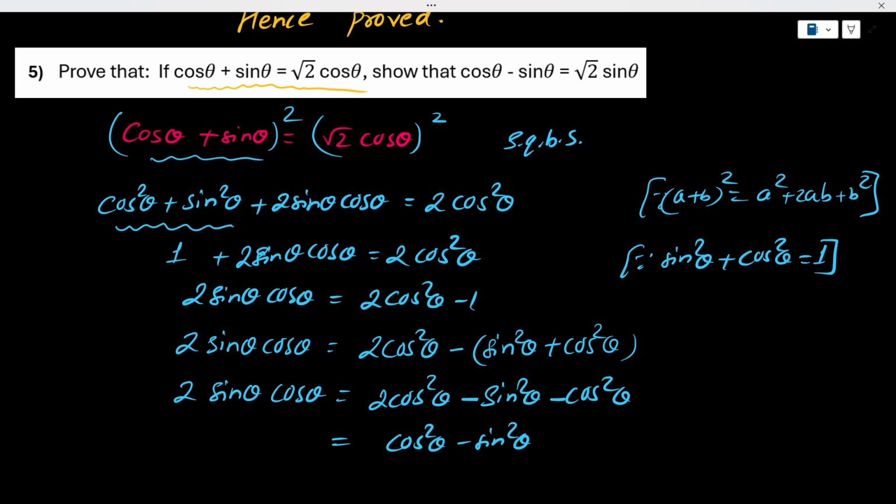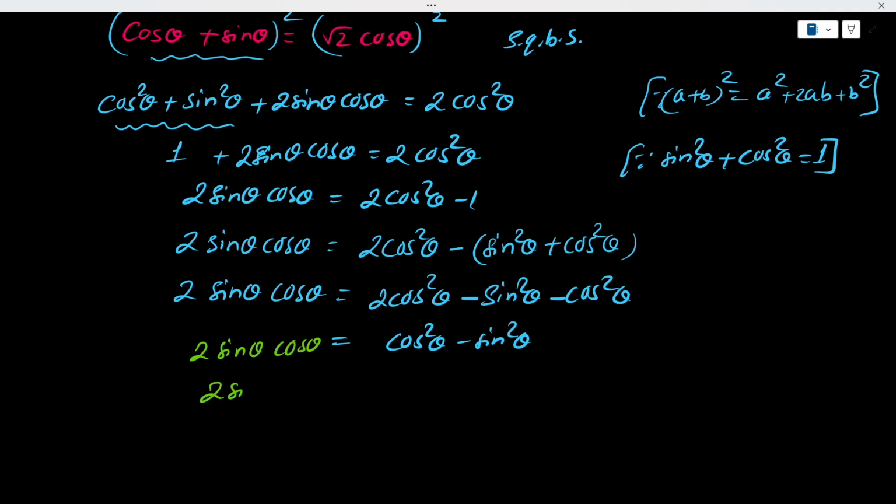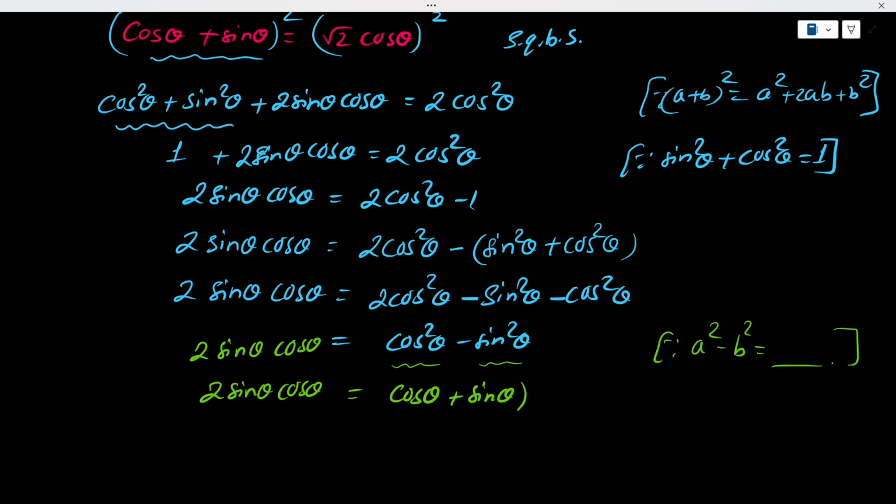Now the left hand side, write as it is. This side you have to write 2 sin theta cos theta only, right? So here it's 2 sin theta cos theta. Now I can use the a square minus b square identity, right? Here what can we write? Cos theta plus sin theta times cos theta minus sin theta.